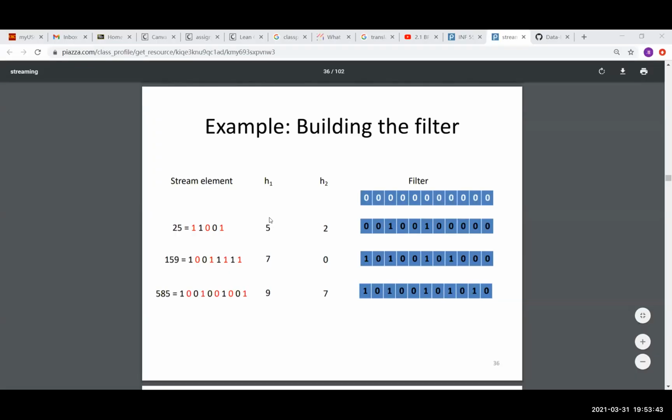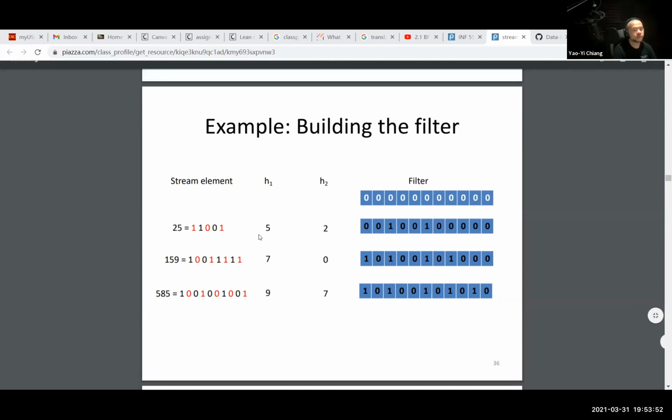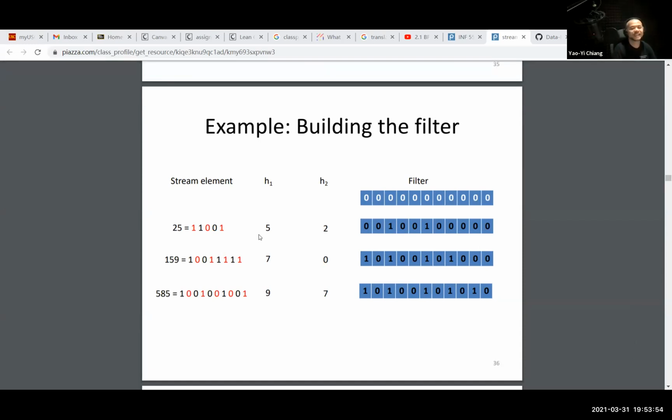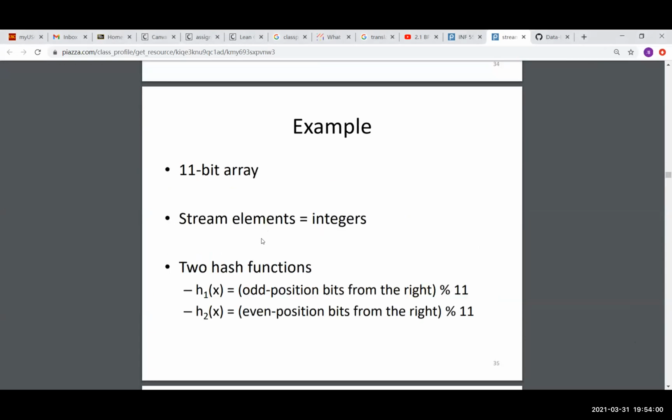So my question is about the Bloom filter. My first question is, how do we get the 5 for each one? Is that a made-up number, or how do we calculate this one? No, you don't have to. It's actually on the previous slides, using the bits to generate a number.